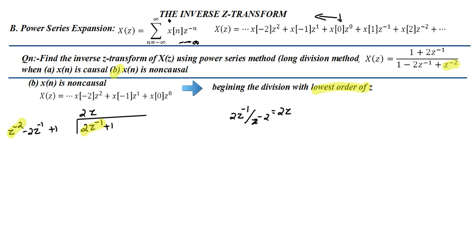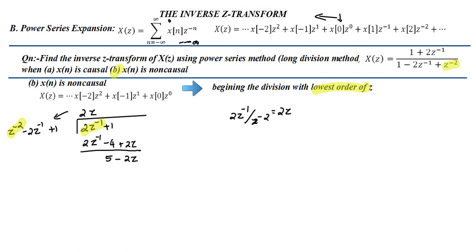Now we need to multiply with this term, so it becomes 2z raised to minus 1 minus 4 plus 2z. If you subtract this, you will get 5 minus 2z.